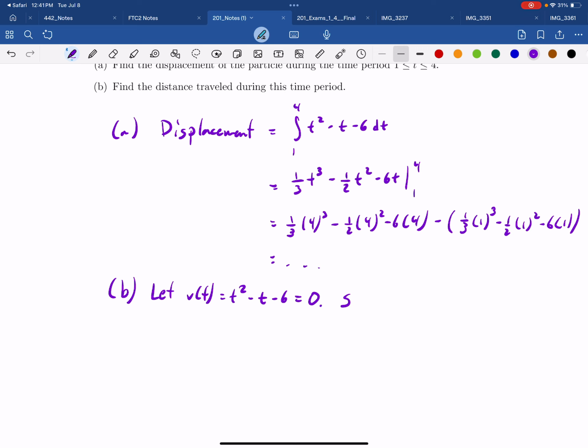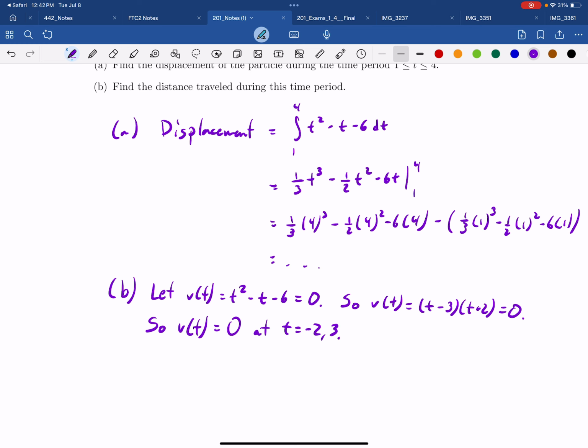So v of t equals t minus 3 times t plus 2. So v of t equals 0 at t equals -2 and 3.